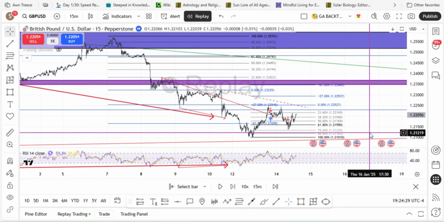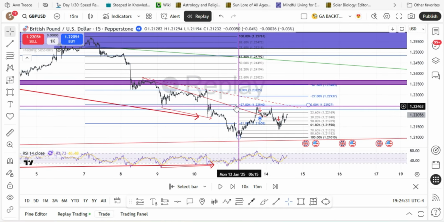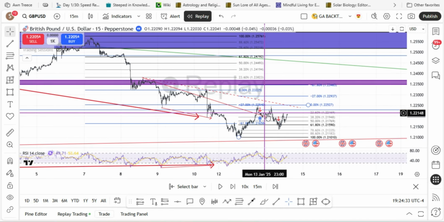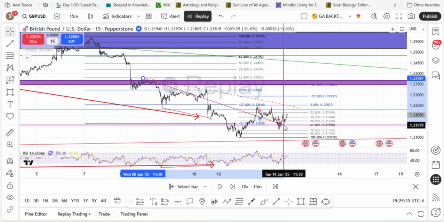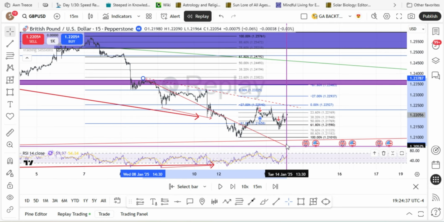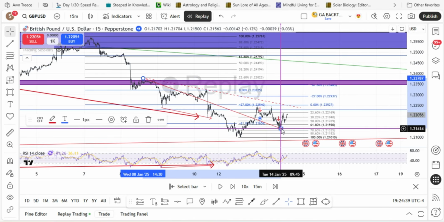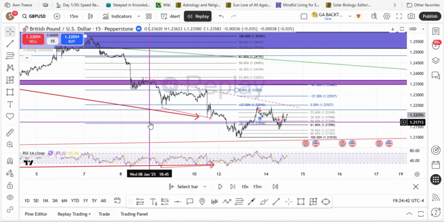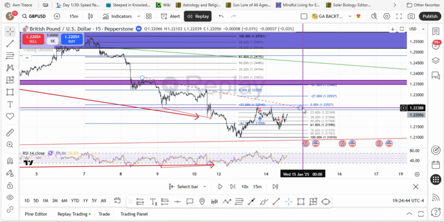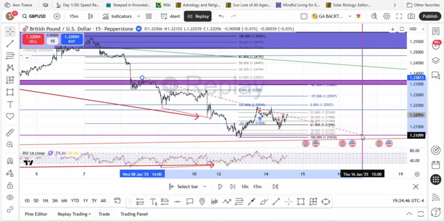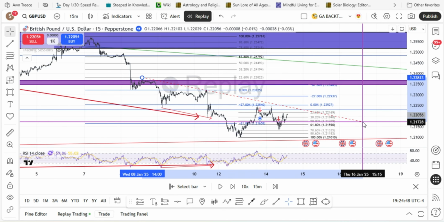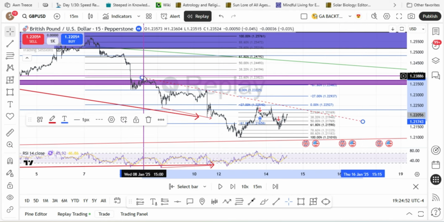Okay, so this trend line obviously is not a good trend line. We'll chuck that. Let's see.